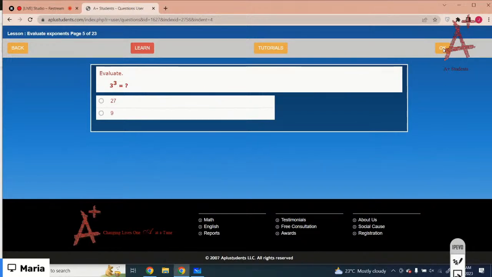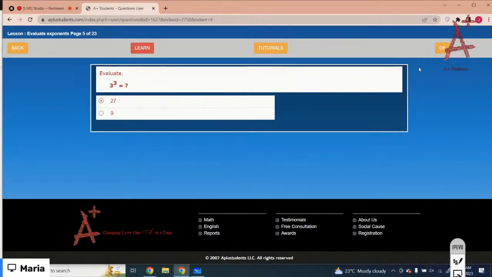So which is the correct option? Yes, it is 27. Got it?